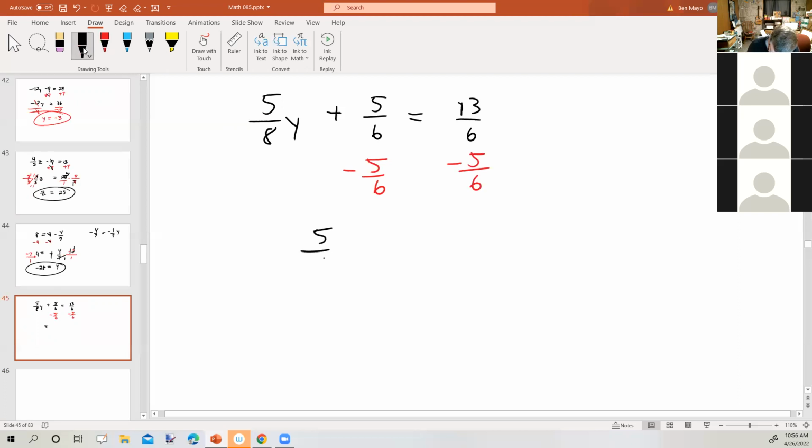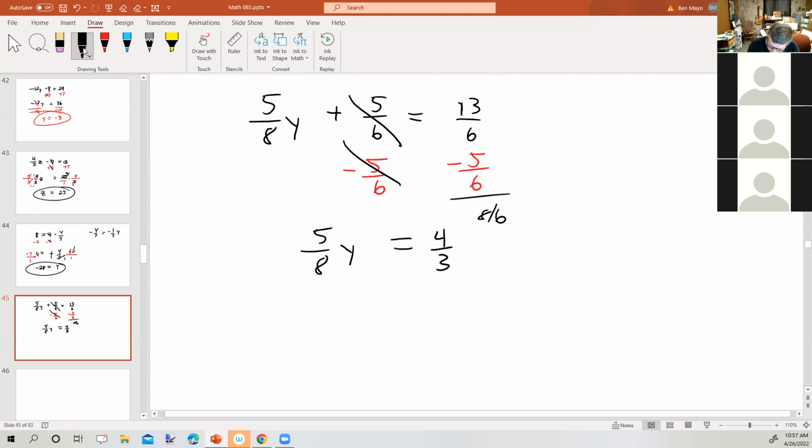I get 5/8y. The plus 5/6 and the minus 5/6 cancel out. On the right side, 13/6 minus 5/6 would be what? 8/6, which I could reduce down to 4/3. Okay. Any questions so far?